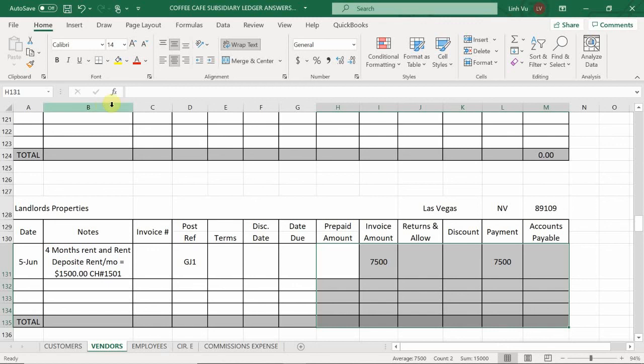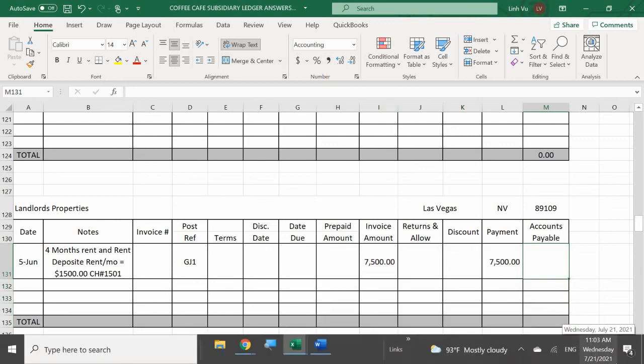Okay, so in this case, this is going to be more of a simple type of equation, just because you're not dealing with much information. But this formula will become more relevant and prevalent when we dive into making purchases of fixed assets. So this formula here for accounts payable is going to let me know how much I owe Landlord Properties. How we're going to utilize this is, you're going to start your formula with the equal sign.